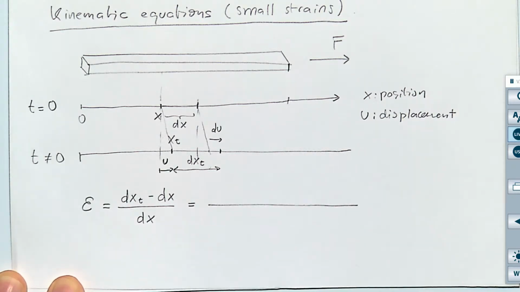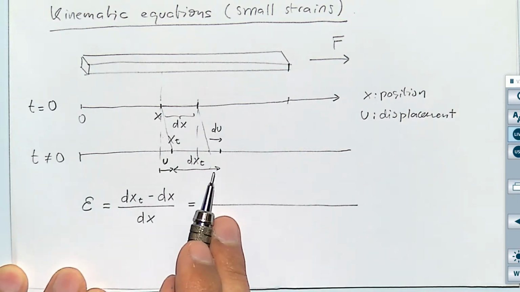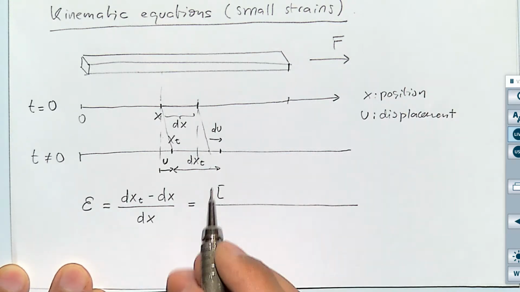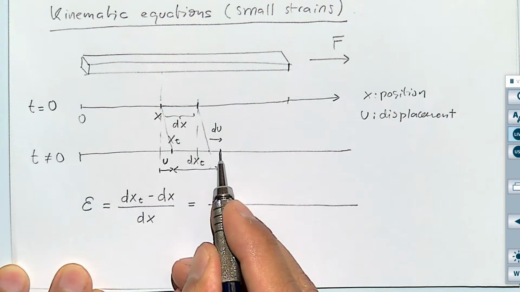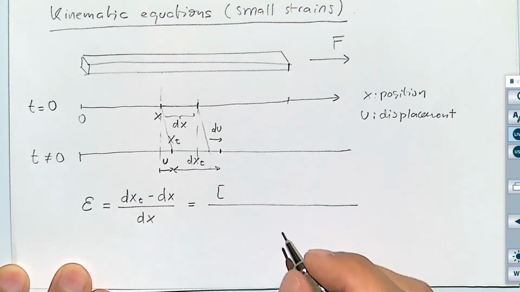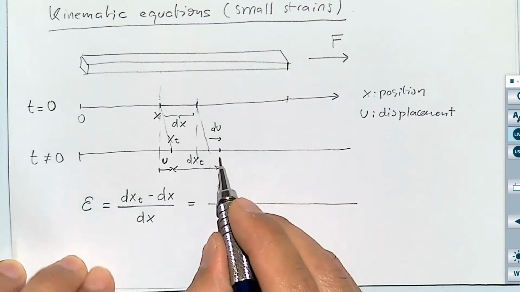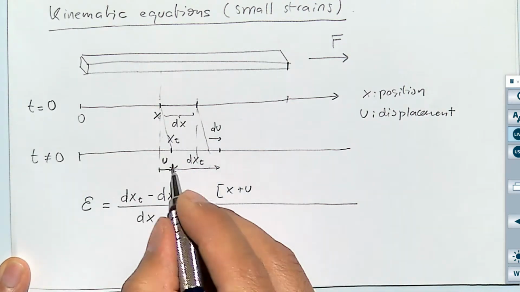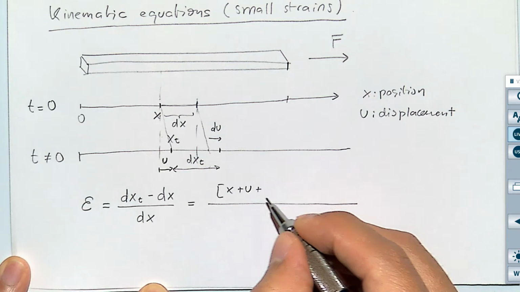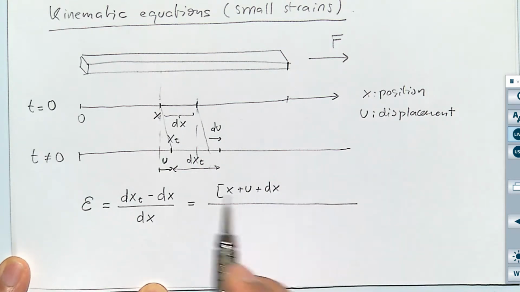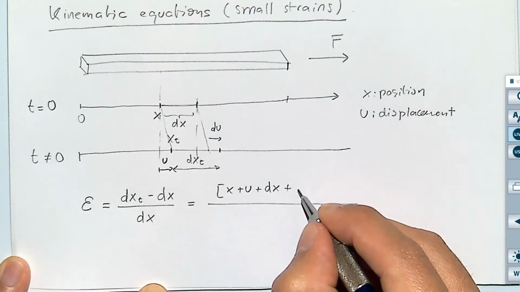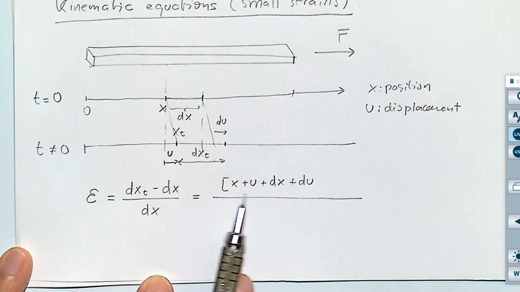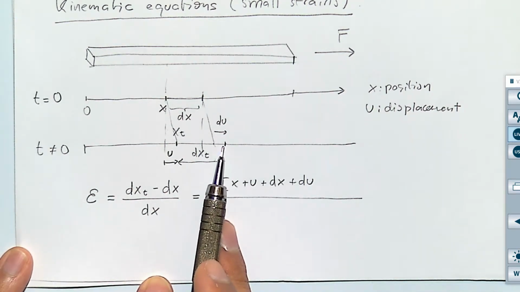So let's write the first one. The xt is the position: in order to get to this point, I need first to get to x, then add u, then add dx, and then add du. That's, in terms of position, that point over here.